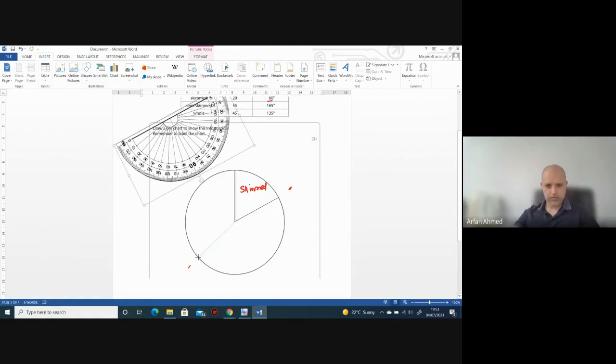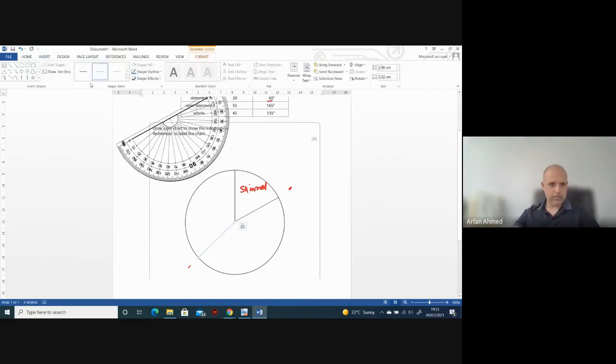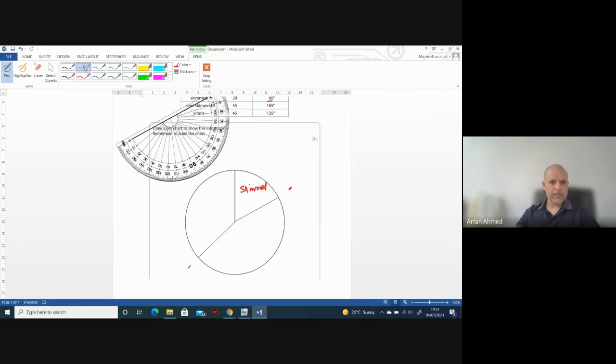Yeah, obviously you guys use a ruler. So that's 165. Let's label it. That one is semi-skimmed. So this section here is semi-skimmed.